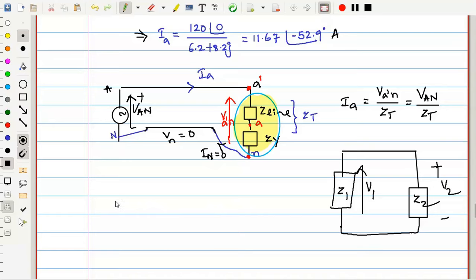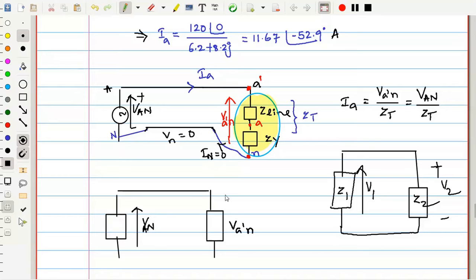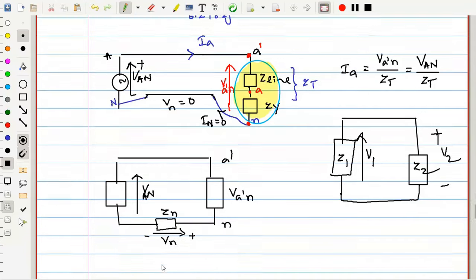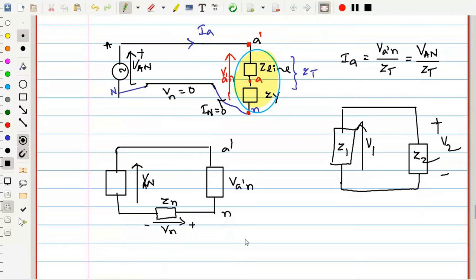So if you still have doubt, you can think in this way. Here one element is there whose voltage is VAN. Let me write in this way, V capital AN. And here another element is there whose voltage is VA dash N. Here is the A dash, here is the N. And here to here some neutral impedance is there, Zn, whose voltage is Vn, this side positive, this side negative. Now you write down the KVL for this loop.